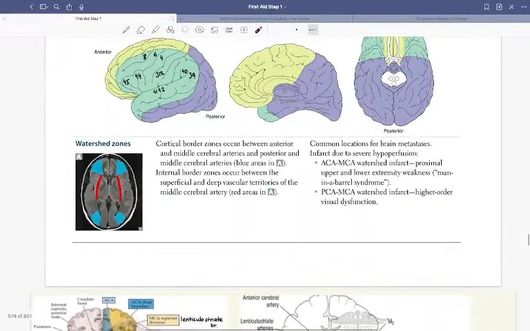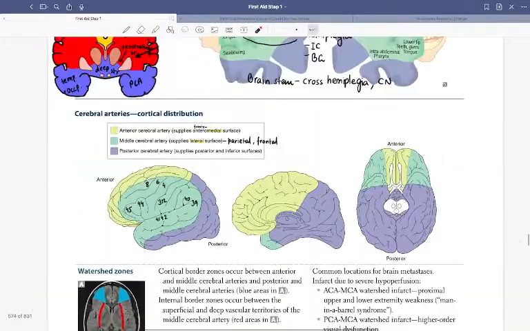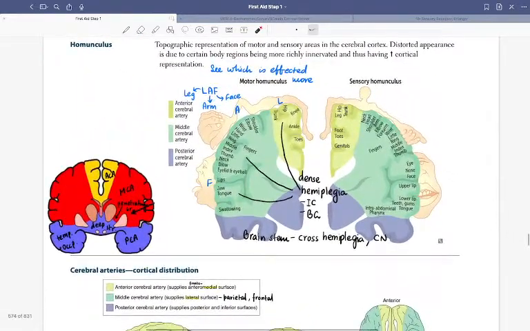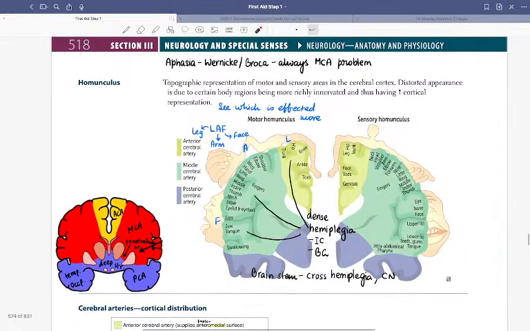Now this particular topic is significant because of only one reason: the topographic Broca's and Wernicke's, always MCA. The most important thing is simply that you have all the legs medially, and all the mouth and fingers go laterally, right?